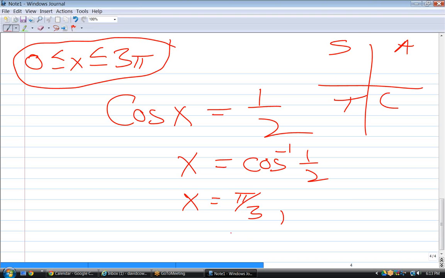So we need the equivalent first and fourth and first again, because we're going to 3 pi. So what's the fourth quadrant angle that is the equivalent of pi over 3? You're close. Start with 2 pi and take away pi over 3.